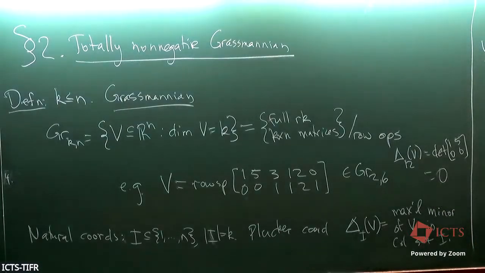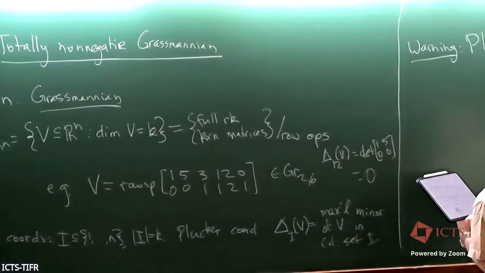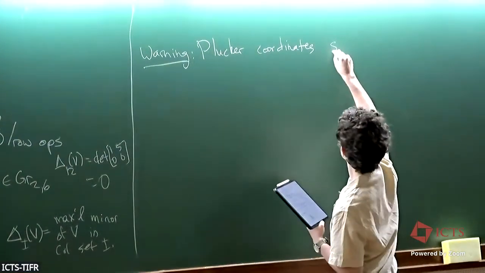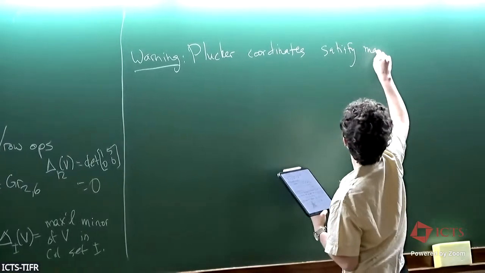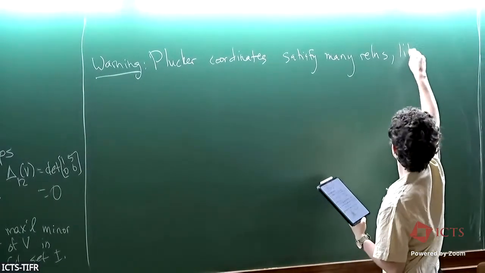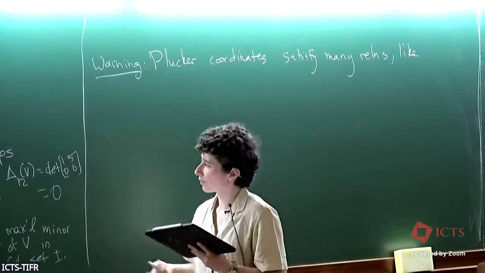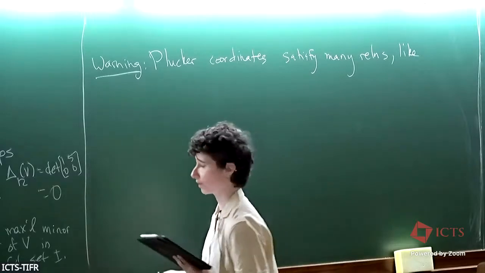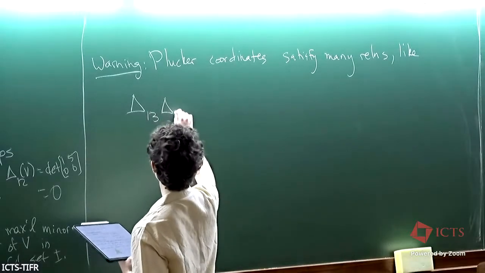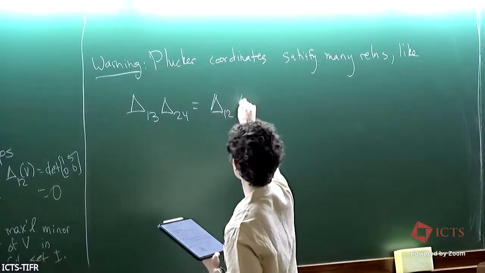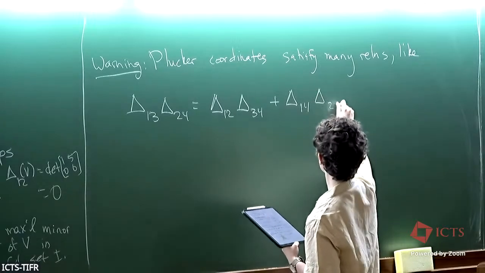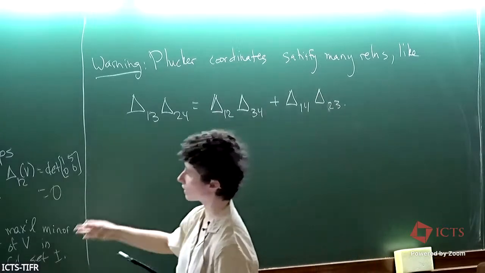The Plücker coordinates satisfy a lot of relations, and it's even worse than that: they satisfy polynomial relations, nonlinear ones. An example of such a relation is delta 1,3 delta 2,4 equals delta 1,2 delta 3,4 plus delta 1,4 delta 2,3. Okay, so you've got loads and loads of quadratic relations satisfied by these Plücker coordinates.